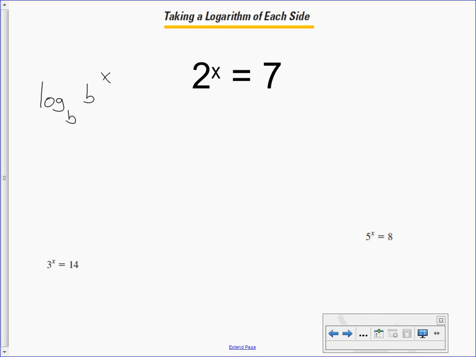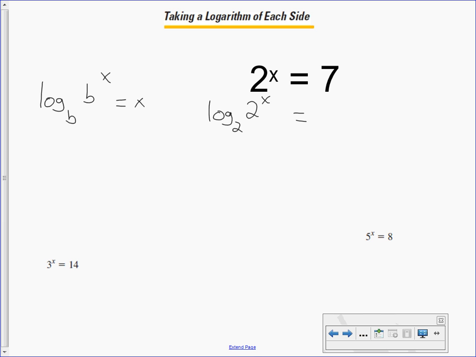It's by itself. It kind of drops out. So this winds up equaling x, right? So what log would I have to take on the left side to get the exponent out of here? Log base 2. So what you have to do here is take the log base 2 of both sides.